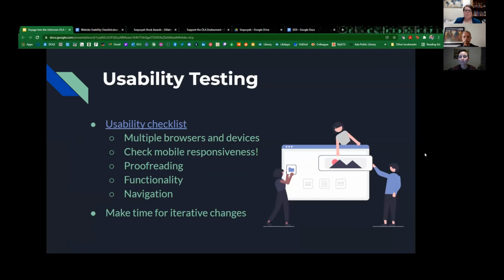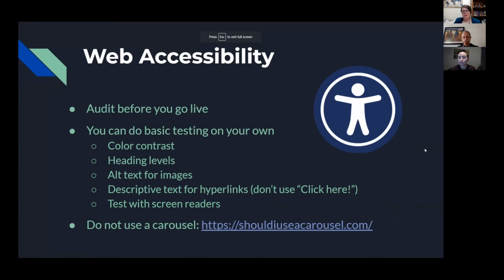We also don't have our vendor working directly with us on this anymore. So it would have been easier for us to make all the changes we wanted to make if we'd done it before going live. And that brings me back to accessibility.